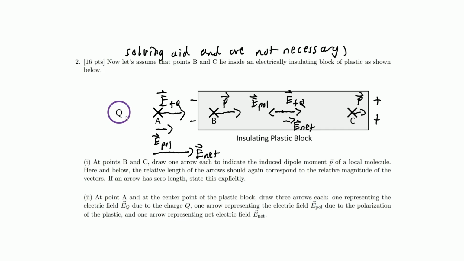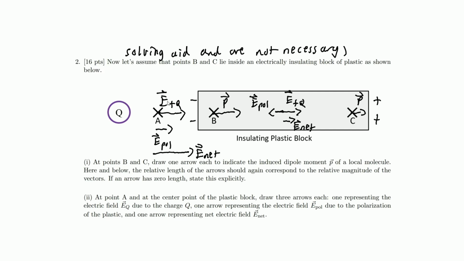So at point A, we have our electric field due to the positive charge Q pointing to the right, just as in problem 1, and also the E polarization is going to the right.